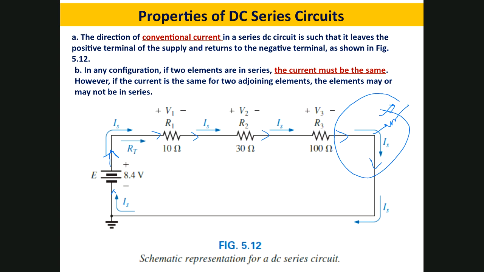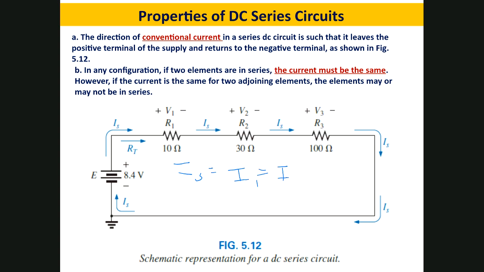But since this circuit is a series, I have this property, which is that the current through all resistors maintains the same current of the source. So I supply equals I1 equals I2 equals I3.